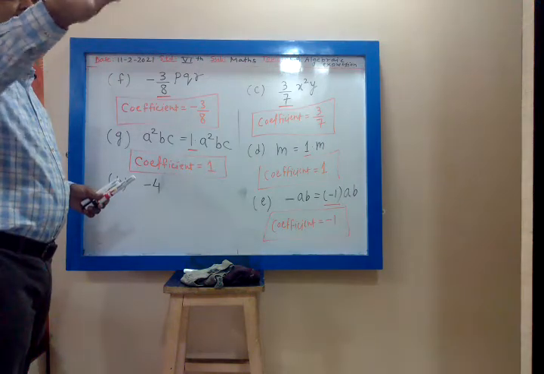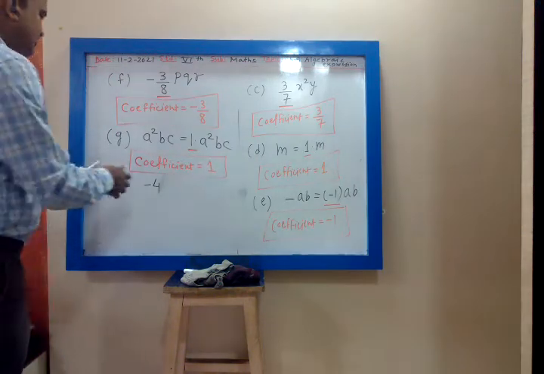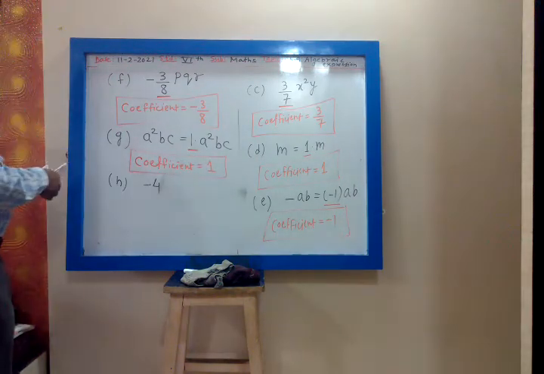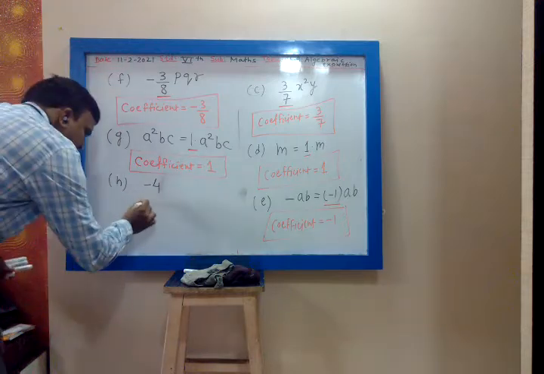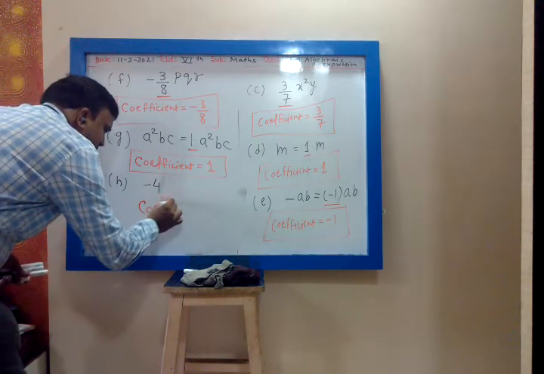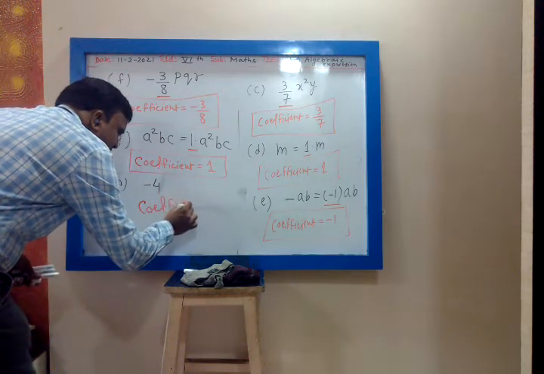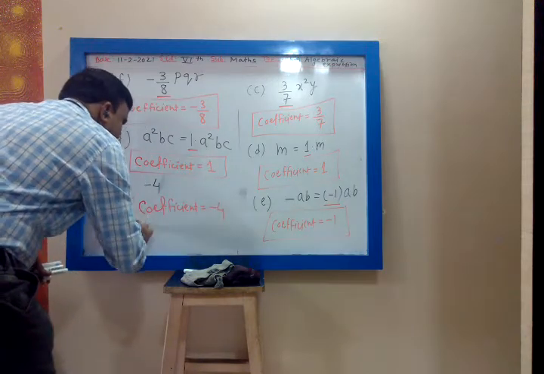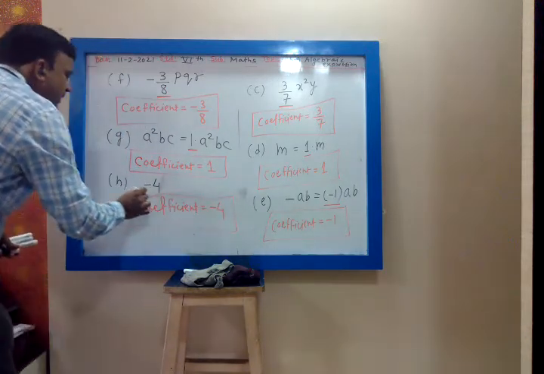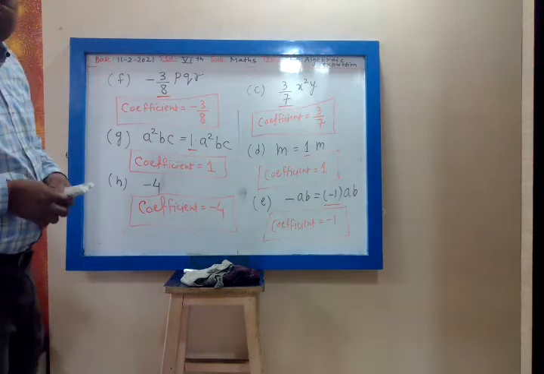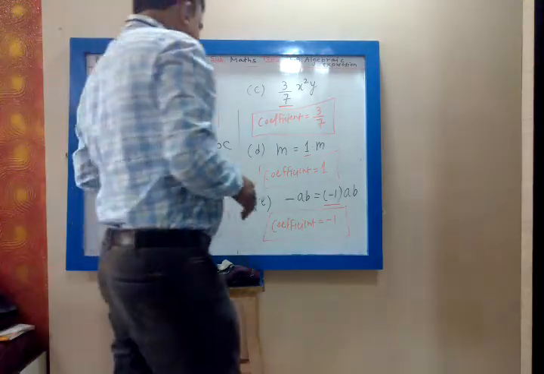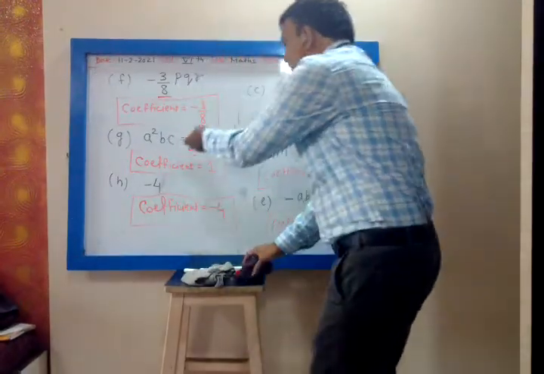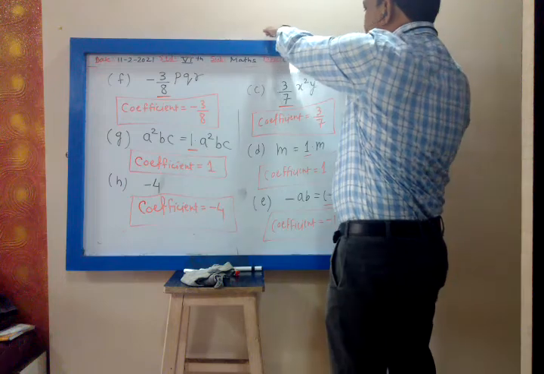Power we don't consider in the numerical coefficient. So minus 4, because there is no variable. Minus 4 is a number, so I can take the coefficient as minus 4 only. So the coefficient of minus 4 is minus 4, because there is no variable involved in this.